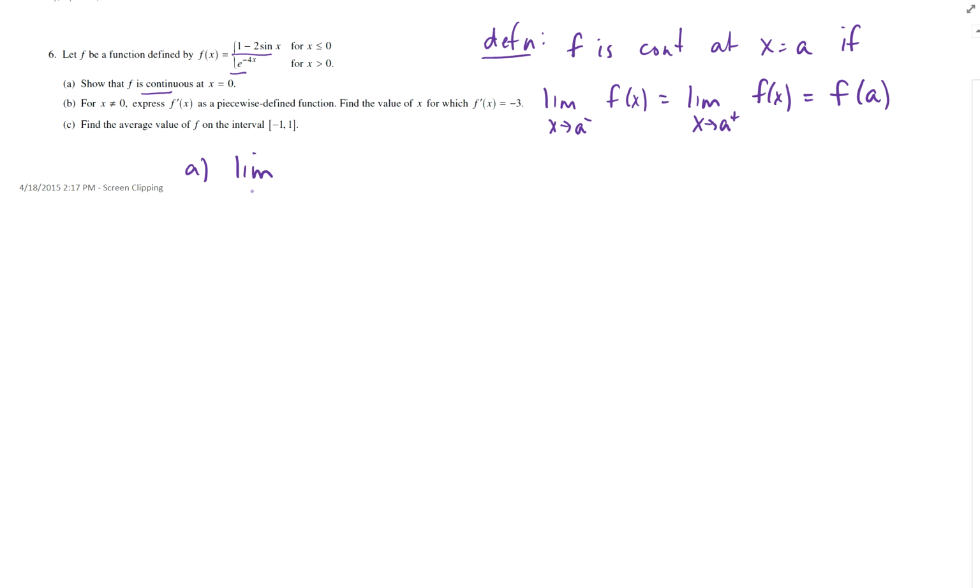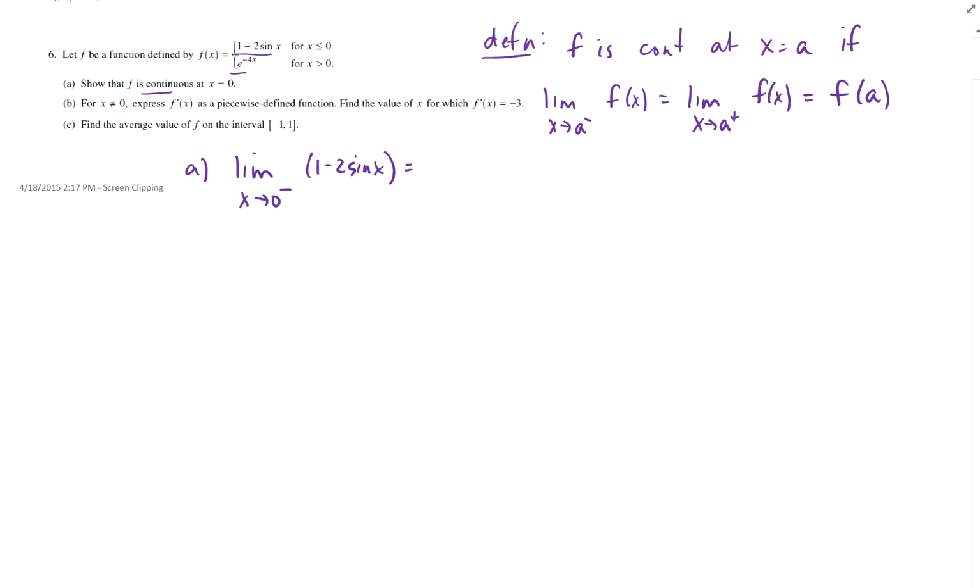The limit as x approaches 0 from the left, so that's the top function, of 1 minus 2 sine of x. So I guess what I said earlier was not exactly accurate.